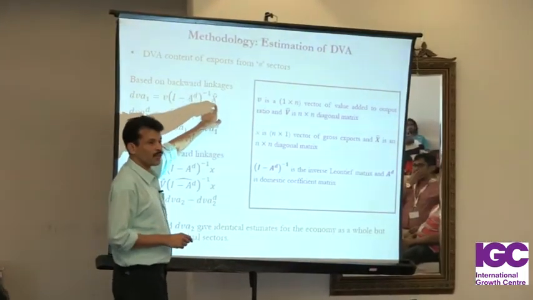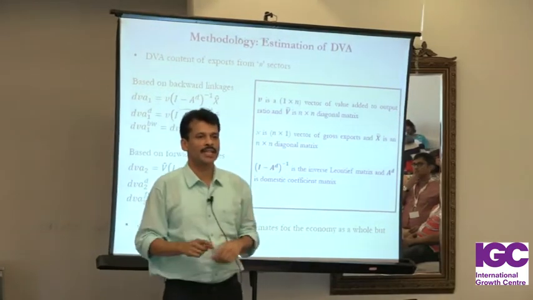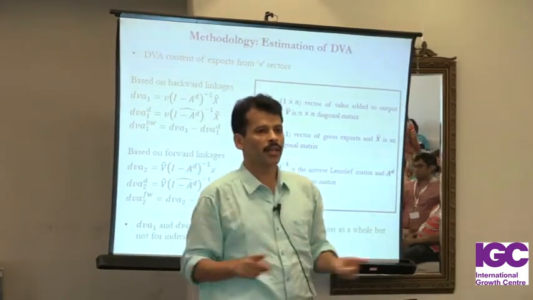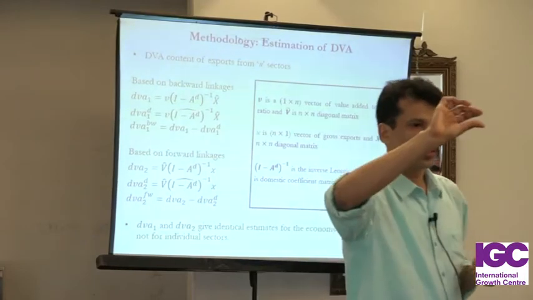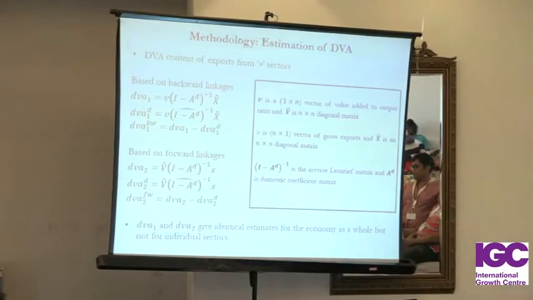Now, what we have here is a matrix, that X hat is a matrix. That matrix shows the total gross export, what the customs people are reporting, the export statistics which are available to all of us. If there are 100 sectors, it is the export from all those 100 sectors.